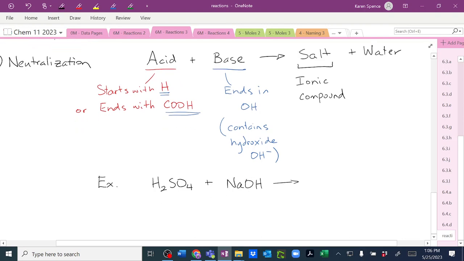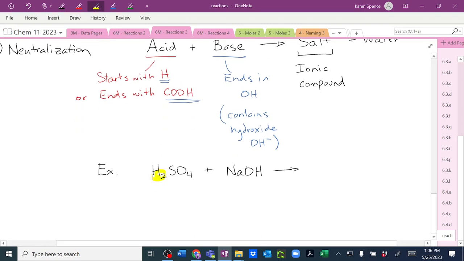Okay, so we've got our H and we've got our OH, so we know that that is an acid plus a base. Now, neutralization is just a special type of what other type of reaction? Double replacement. Are we good with DR for double replacement? Okay.